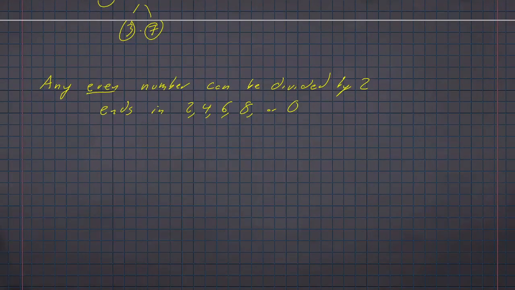Is the number even? Well, then it's divisible by 2. Is the number not even? Well, then it's not divisible by 2. And in fact, it's not going to be divisible by any even number.